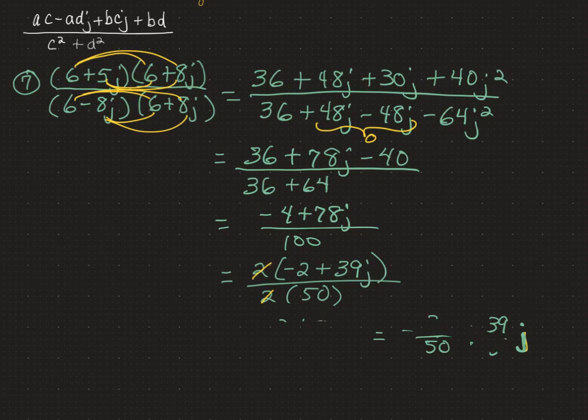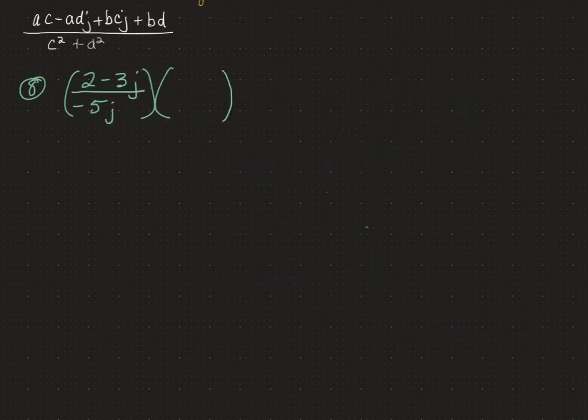All right, one last example of division. All right, let's divide the complex number 2 minus 3j by the purely imaginary number negative 5j. Because we have the imaginary term, we will change the sign of the imaginary term and multiply.